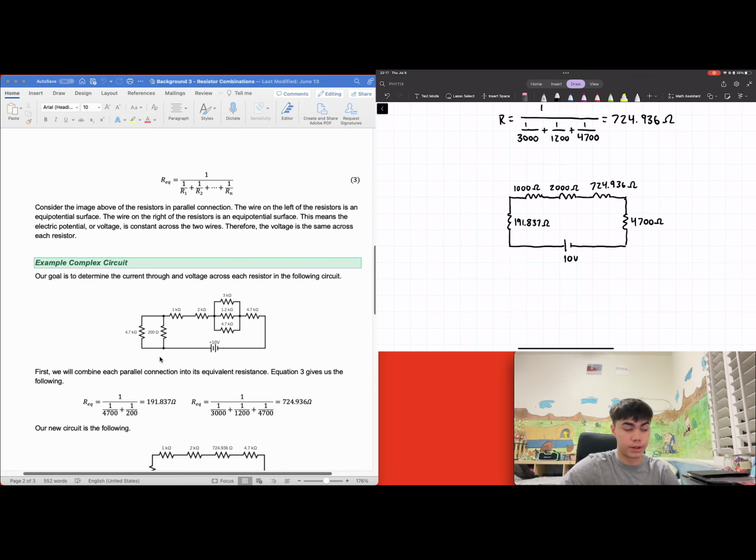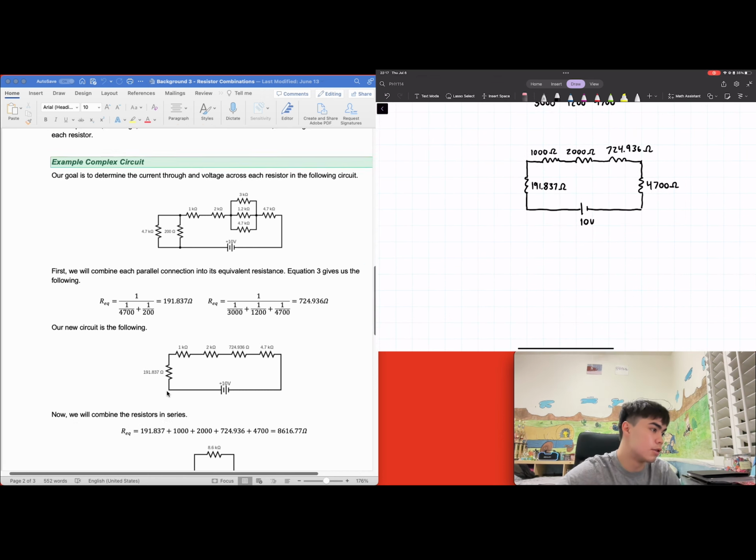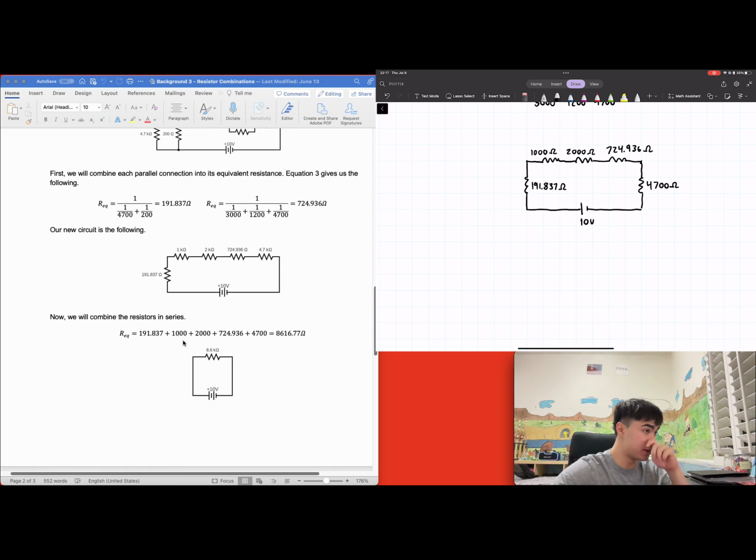Okay, so now the circuit is redrawn, and now we have a bunch of resistors in series. So I will go ahead and combine those using the equation to combine resistors in series.